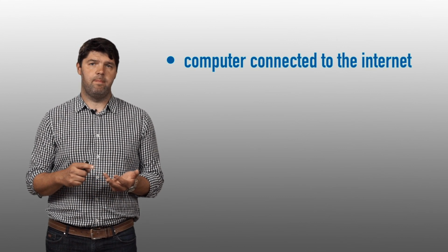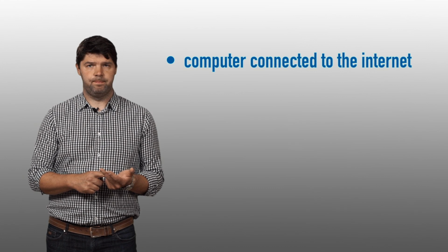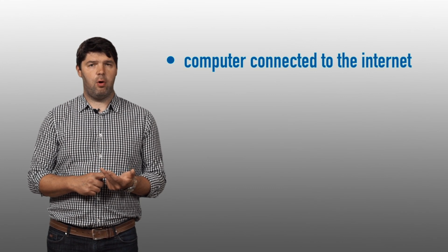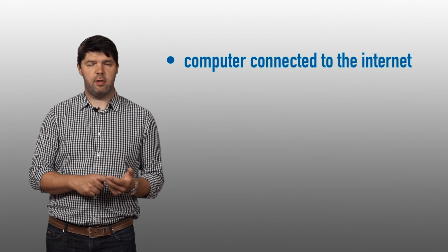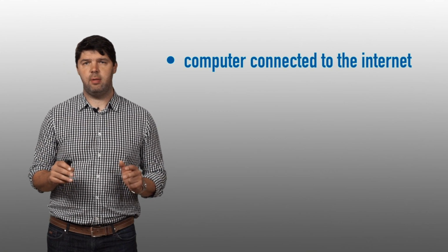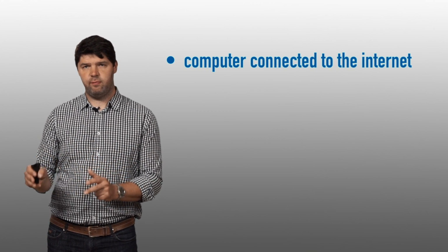The basic prerequisites for internet voting, something that you need before you start voting online, is a computer that is connected to the internet. After all, when we talk about internet voting throughout this class, we're talking about remote internet voting. So it has to be from a remote location, not a ballot station.